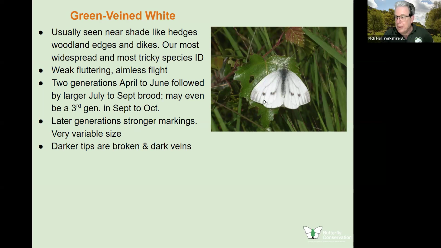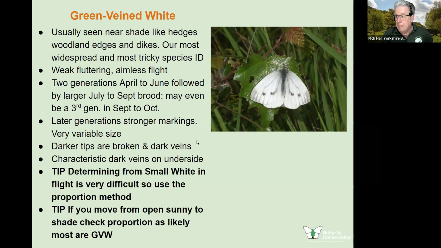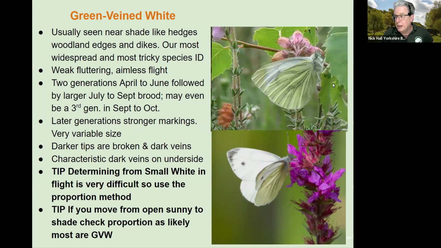That probably will be your main way of telling them apart at a glance. Very difficult in flight, like I say, you cannot really determine them in flight. Unless, of course, it's landed, and then you see the dark veins.